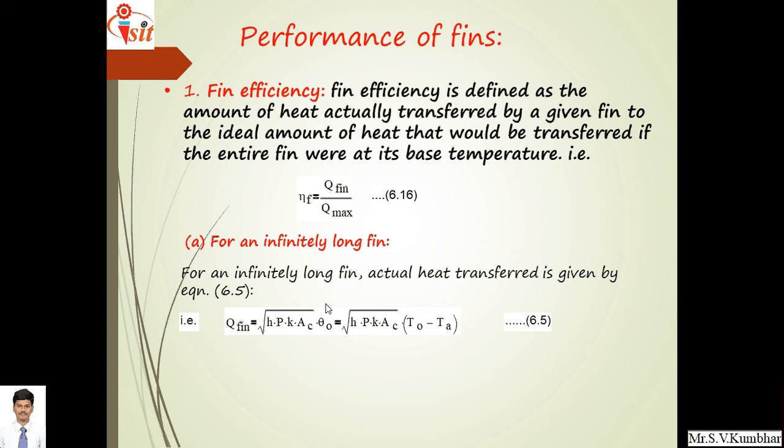Now, fin efficiency is defined as the amount of heat actually transferred by a given fin to the ideal amount of heat that would be transferred if the entire fin were at its base temperature. That is, efficiency of fin is equal to Q fin upon Q maximum. The maximum heat transfer will take place from its base, right?